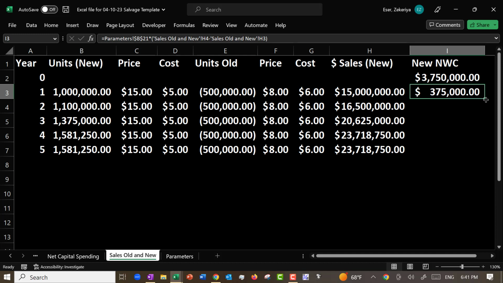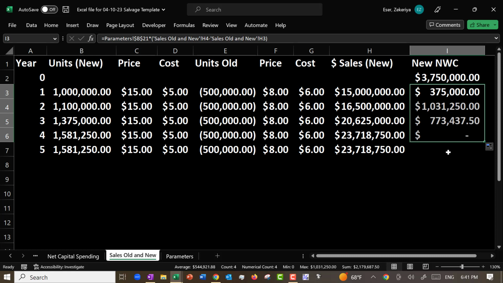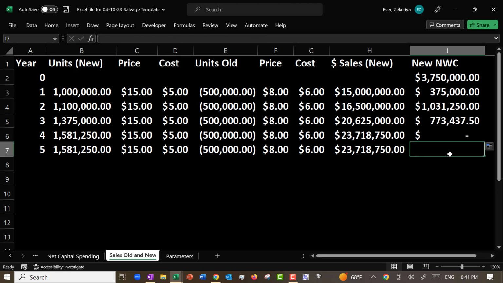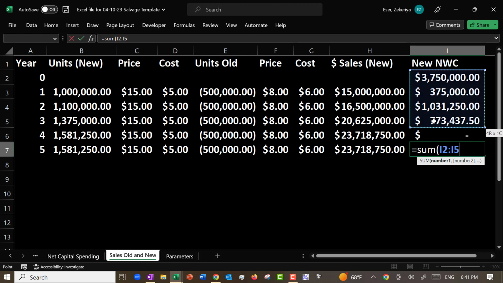And in year 5, this is the accumulated change. I don't know why that's 0. It shouldn't be. Oh, there's a reason. That thing was fixed.